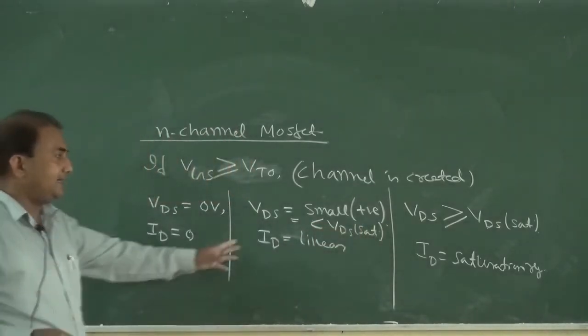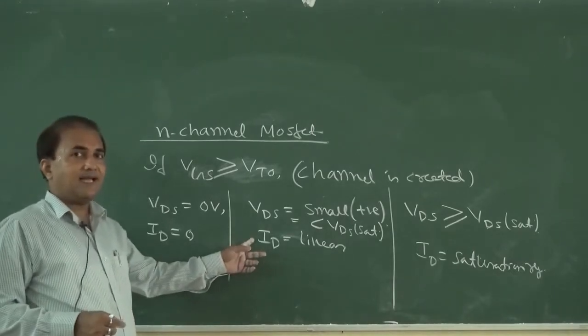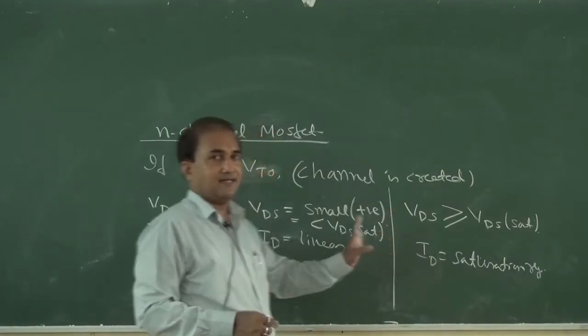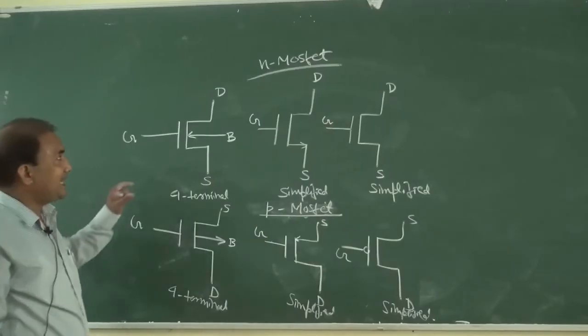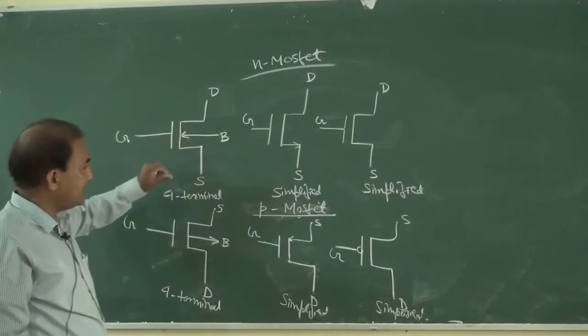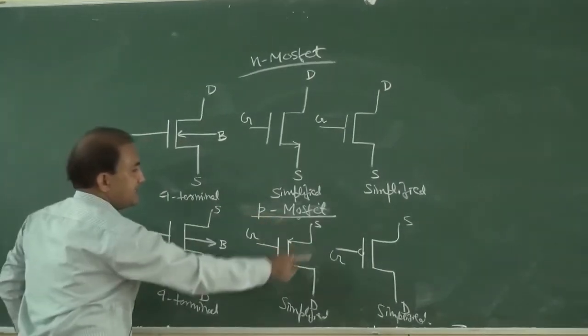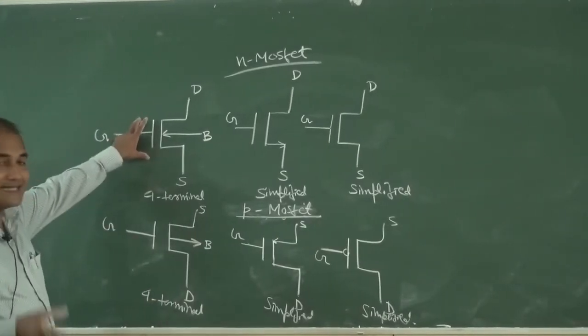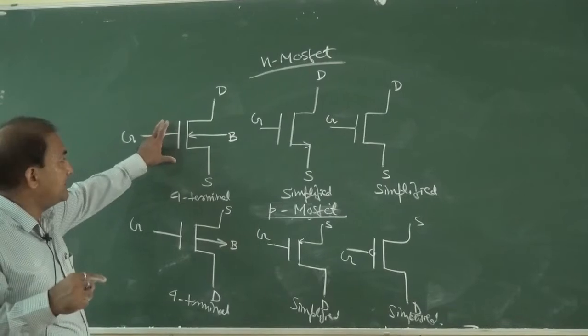Okay, so the ID current will be linear drain current, and here ID will be saturation drain current. Okay, so we can see that this is the circuit symbol for N-channel Mosfet, and this is the circuit symbol for P-channel Mosfet. Okay, so this is the circuit symbol for N-channel enhancement type Mosfet. Okay.